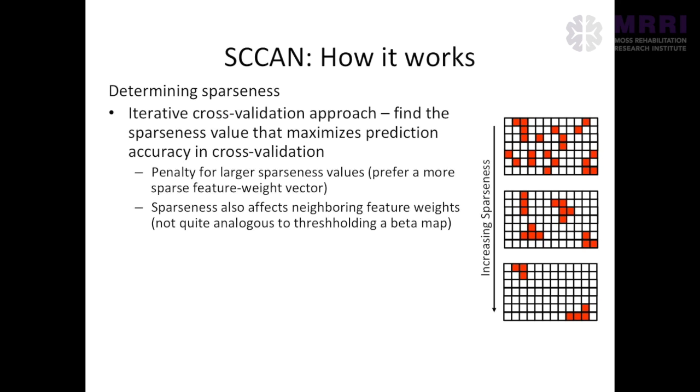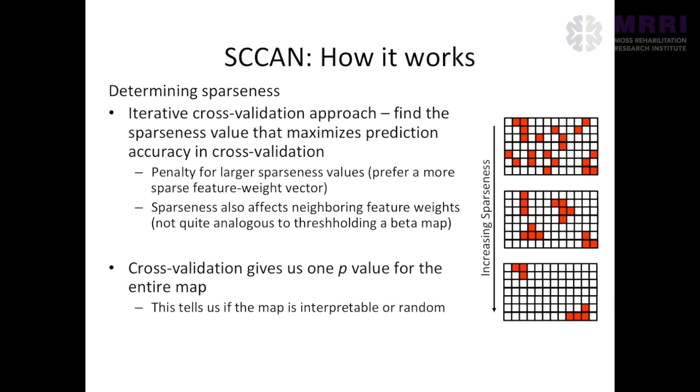It turns out that sparseness is not quite analogous to simply thresholding a beta map, like what we were talking about in SVR-LSM. The sparseness value affects how you calculate the weights, since you set the sparseness and then calculate the weights, and that dictates how those weights actually get set.